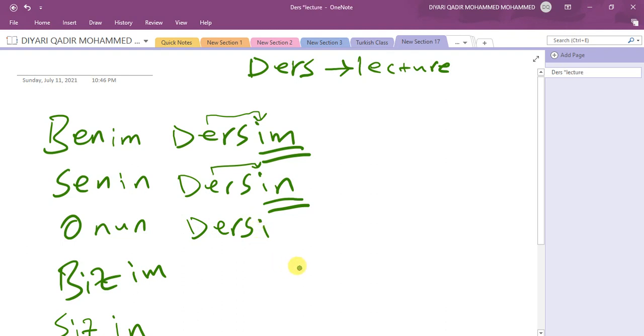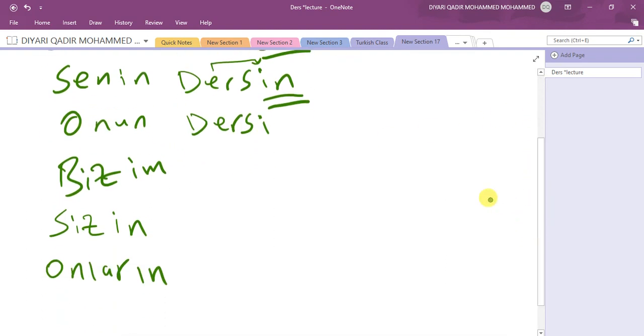Onun dersi. Look, we did not say any S, any extra letters to separate vowels. We directly use the second suffix. This E changes to I. Onun dersi.